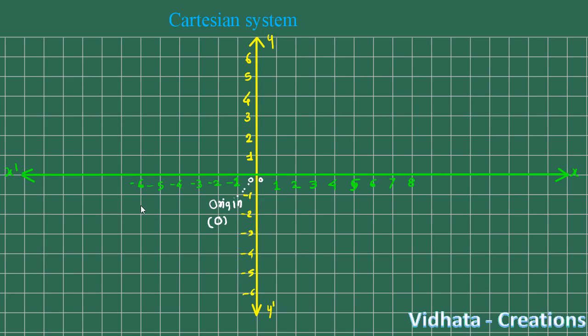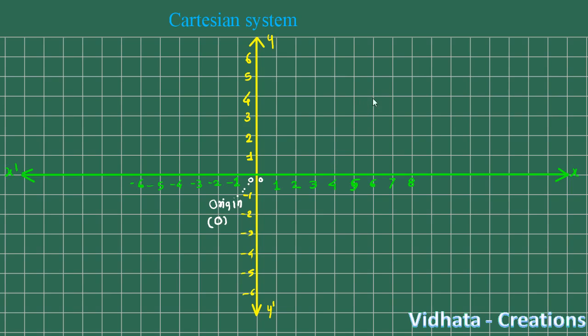Now again we will study in detail. Whatever view of the graph you are seeing here, there is one graph on which we are going to take a particular point. That point lies on the graph, and that graph is a plane.